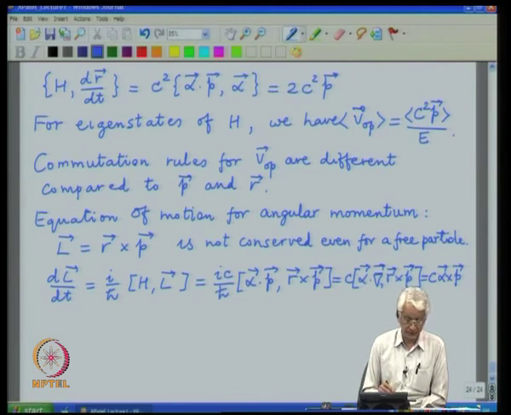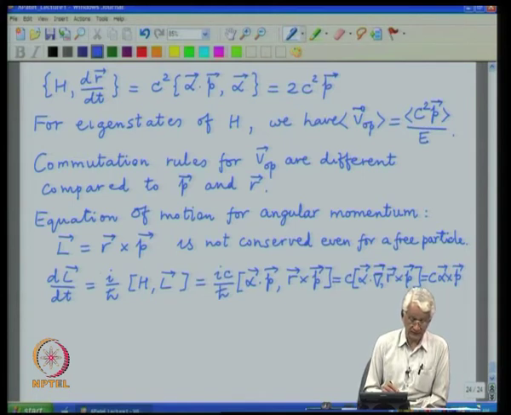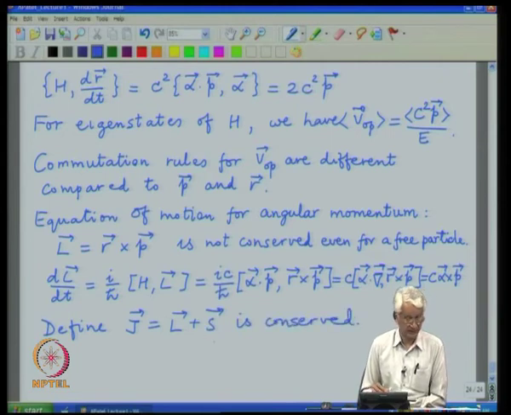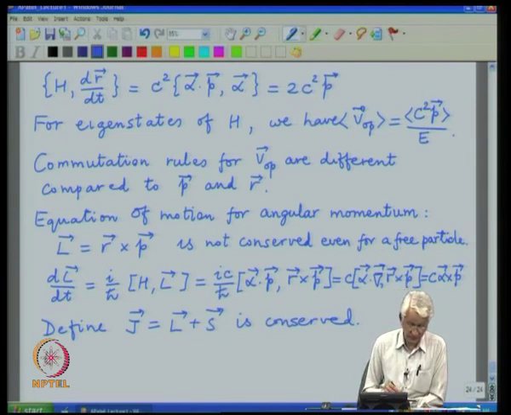He defined a new operator which is different than the classical L, and that extra contribution was added to L, so that the total angular momentum is conserved. And nowadays we call this extra contribution the spin of the particle.